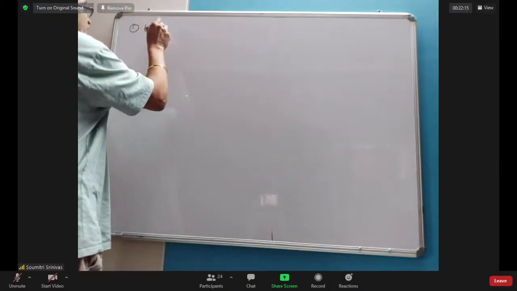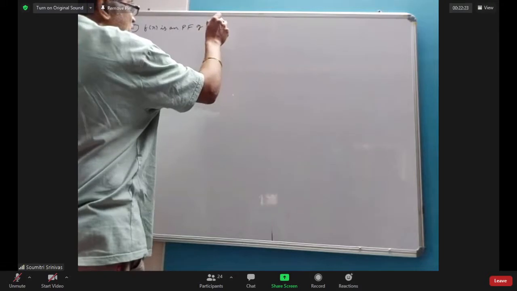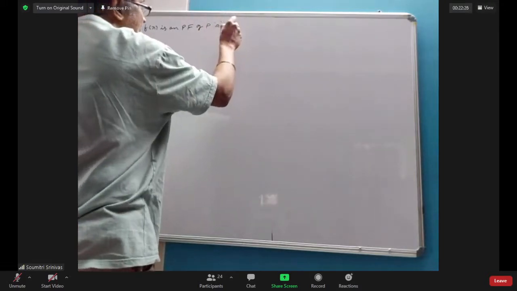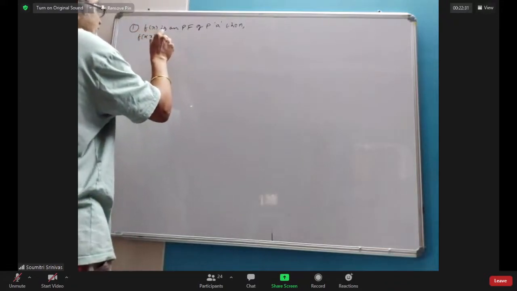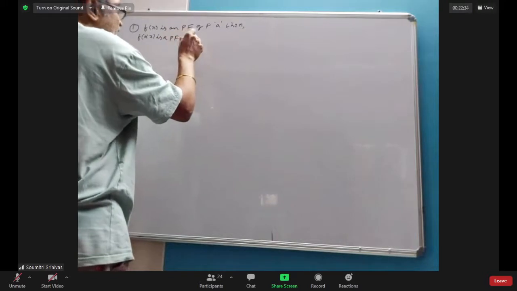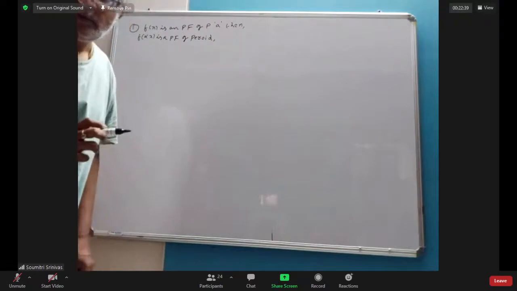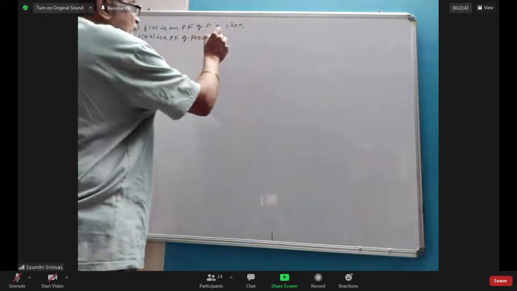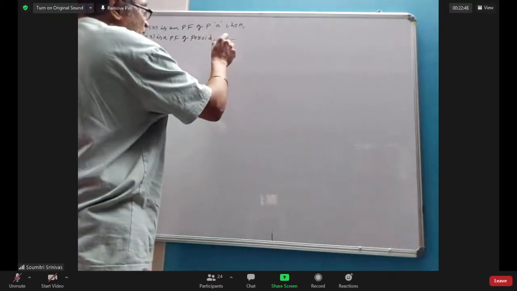Look here. f of x is a periodic function of period A, then f of alpha x is a periodic function of period A by mod alpha.